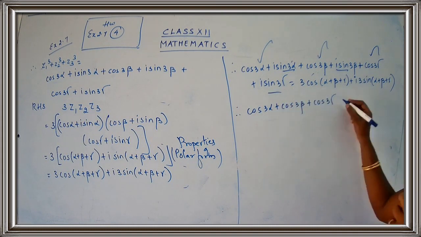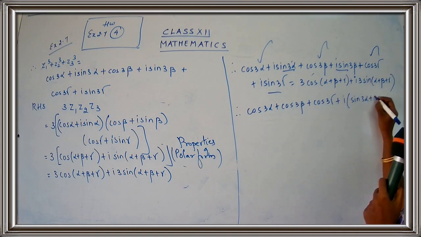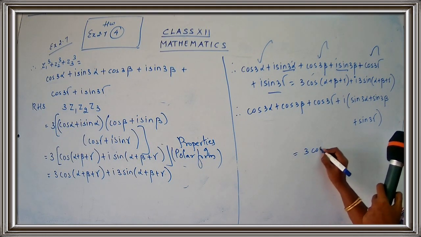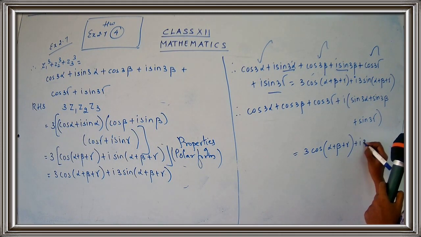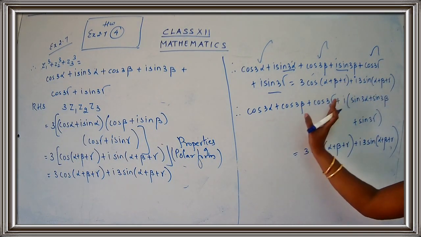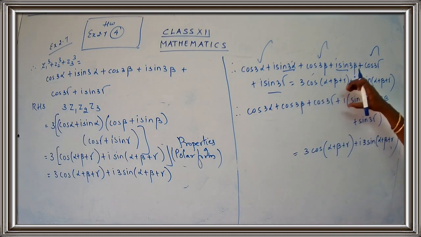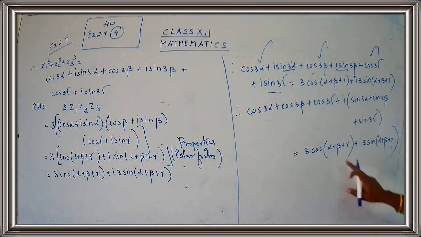So I will take i common here, plus i times sine 3 alpha plus sine 3 beta plus sine 3 gamma. This is equal to 3 cos alpha plus beta plus gamma plus i 3 sine alpha plus beta plus gamma. Nothing, I have just separated the terms. I have taken the terms without i, then the terms with i, so I have taken i common, and this is the RHS part as it is.